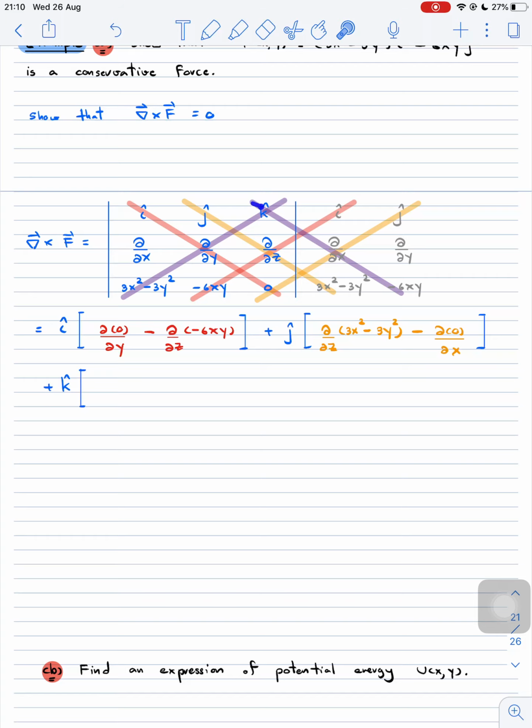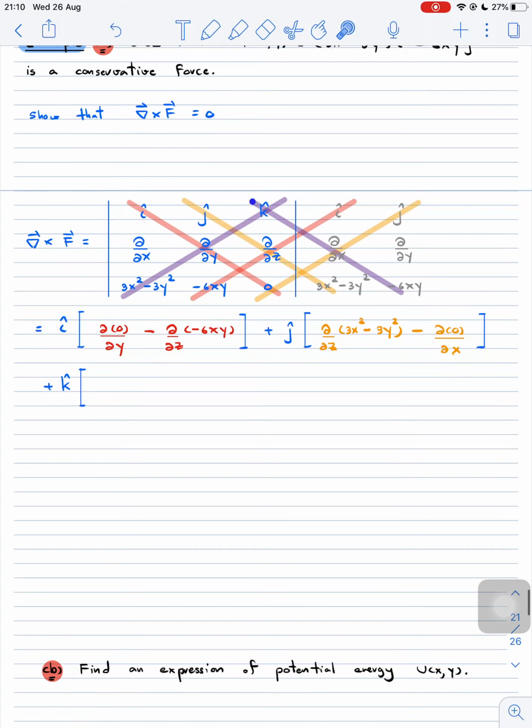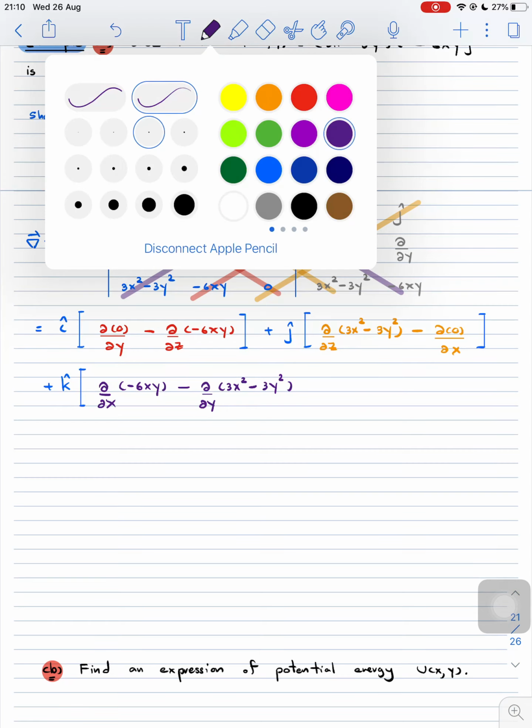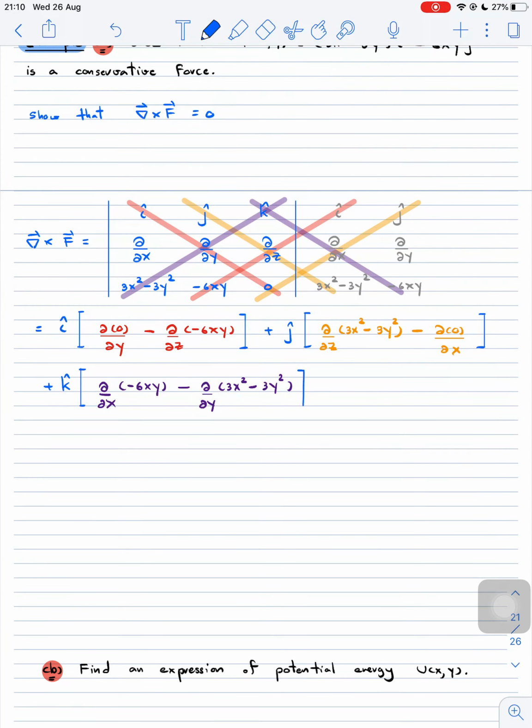Let's just start from this one. So we have the positive of the d by dx of the negative 6xy, and then minus this one. We have the d by dy of the 3x squared minus the 3y squared, and then close parenthesis here. Now let's compute each term.